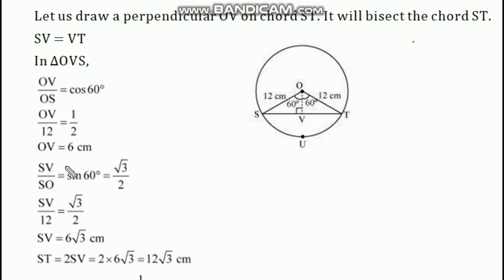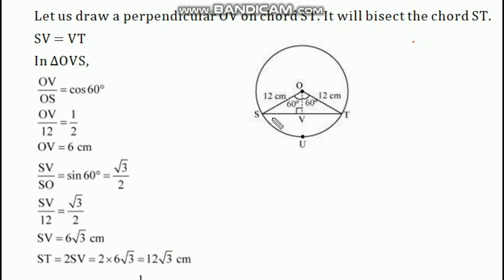So SV by SO. Sine 60, the value is root 3 divided by 2. So that means SV by 12 equals root 3 by 2; transposing to the right hand side we get SV equals 6 square root of 3 centimeter.